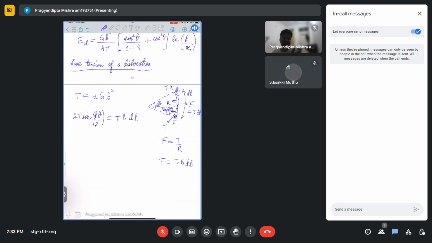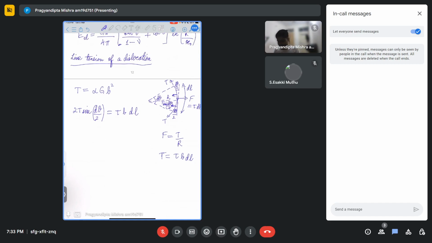Right? But T in this particular case is in a particular direction. It is T times sine d theta, or d theta by 2. But that is acting along two directions. There is one here and then there is one here in this direction. So there are two T's. So I can write 2T sine d theta by 2.